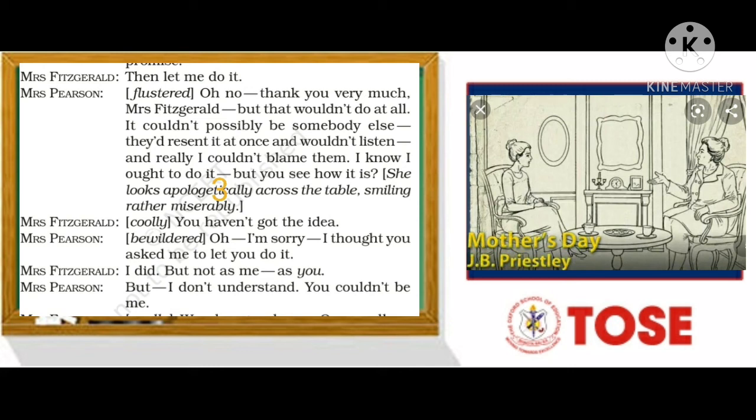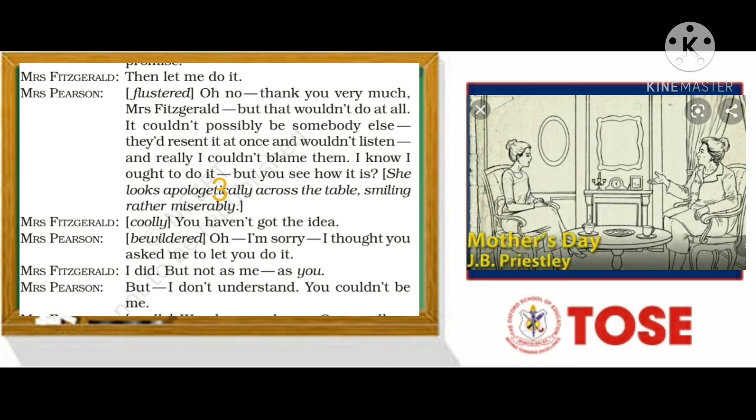They would resent it. Resent means become angry. Mrs. Pearson said to Mrs. Fitzgerald that because she was supposed to do this work, she had to do it.